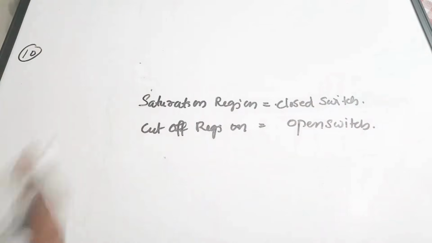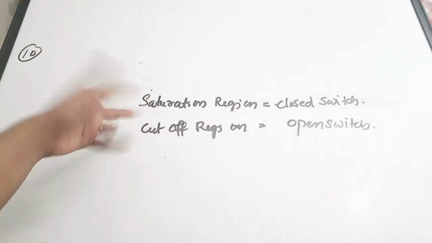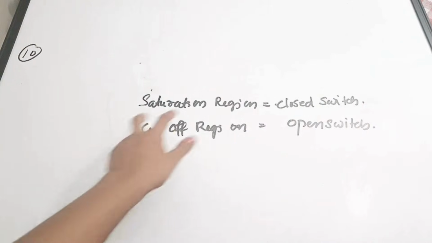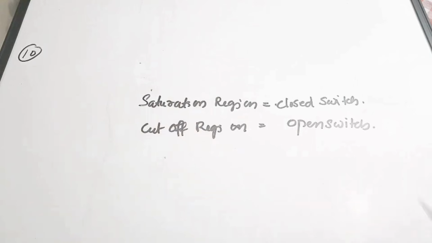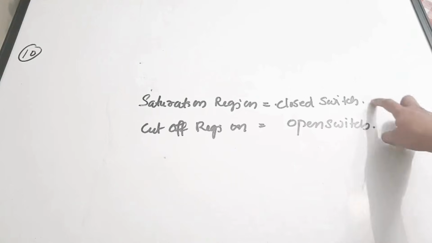In order to close and open the switch, we have to shift between these two regions. So in the saturation region it will act as a closed switch, and in the cutoff region it will act as an open switch. These two things are also very important, because transistor as a switch is a major topic.